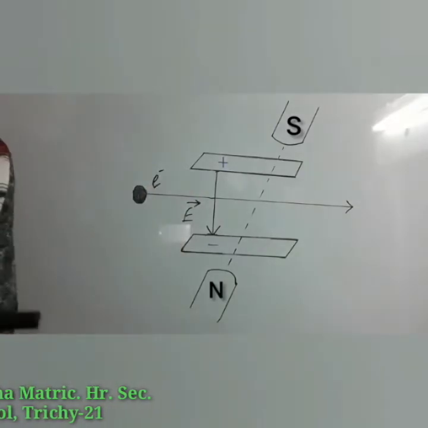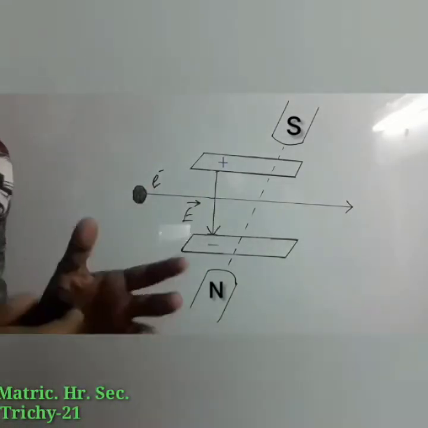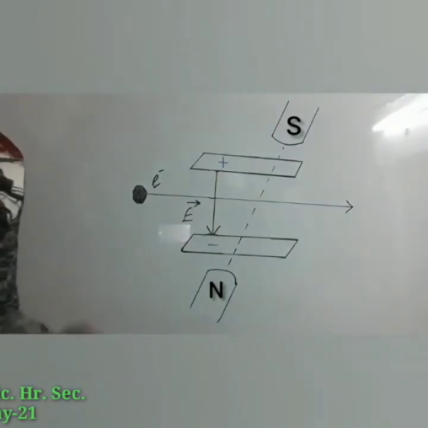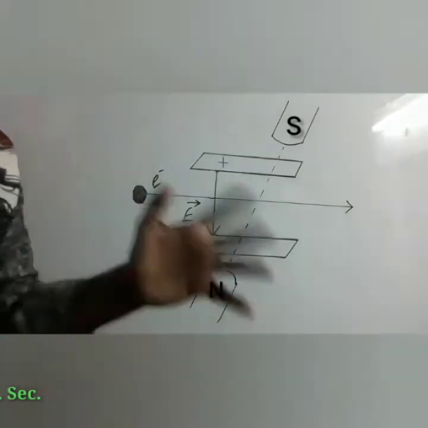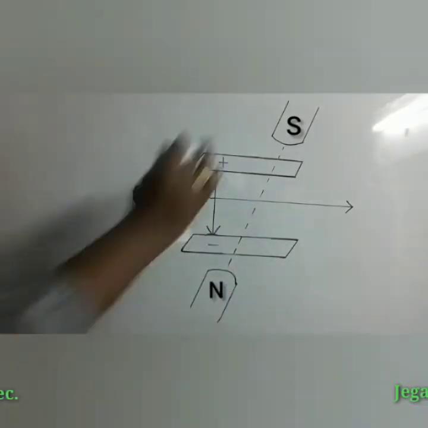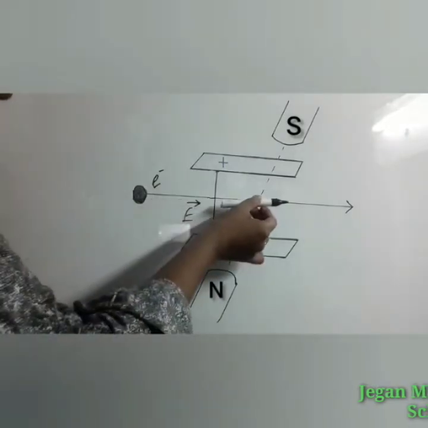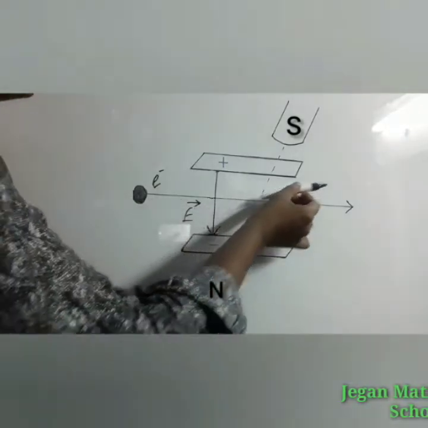In that region, an electron is going to enter. We know that an electron is a negatively charged particle. If charged particles enter an electric field or magnetic field, they will experience a force. Forget the magnetic field. If an electron enters the electric field alone, it will experience an upward force.